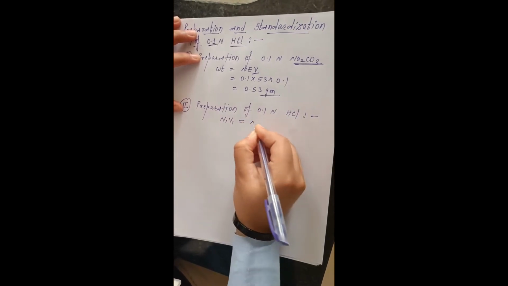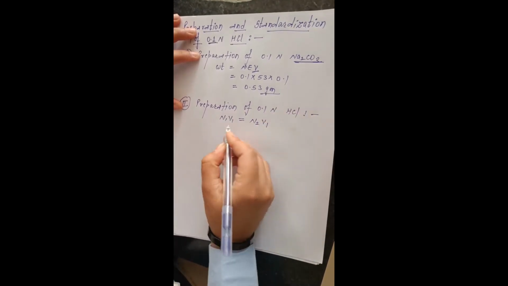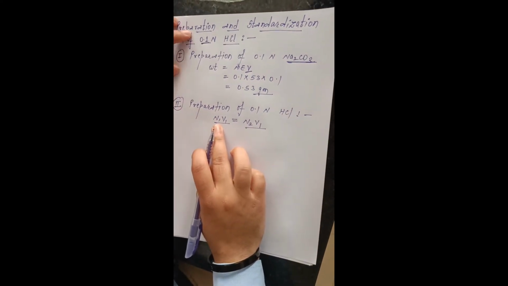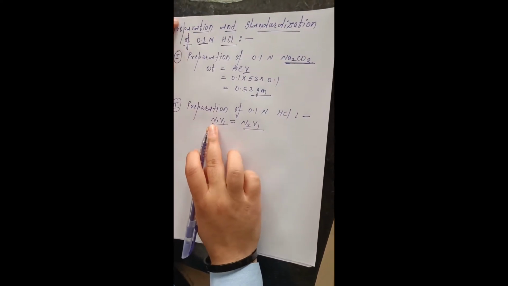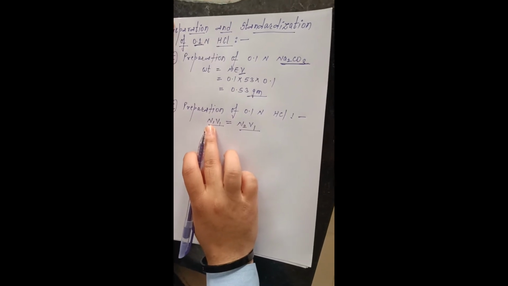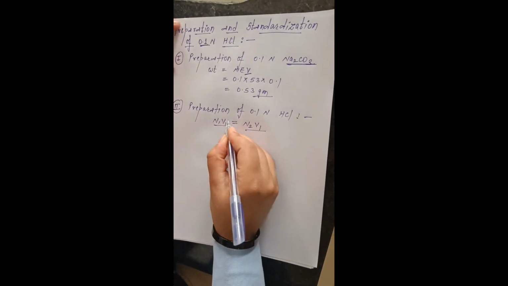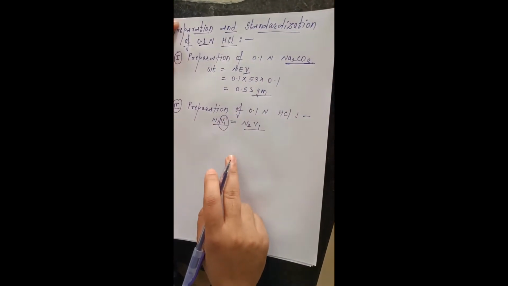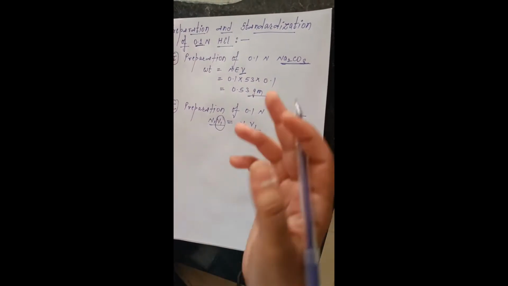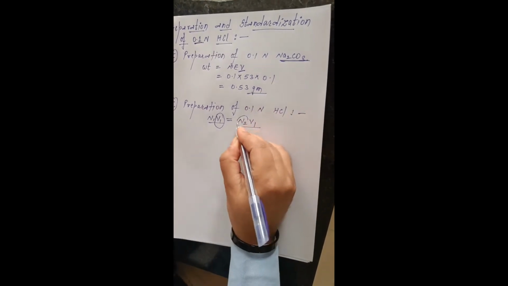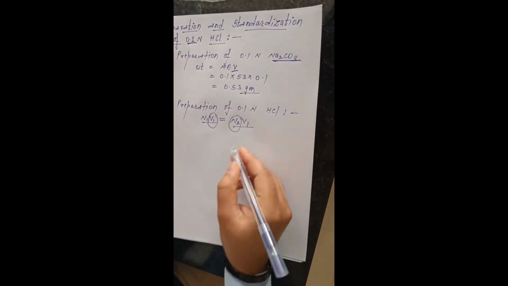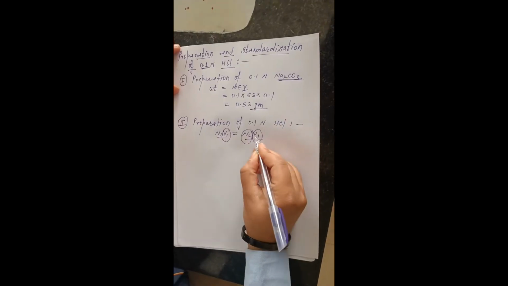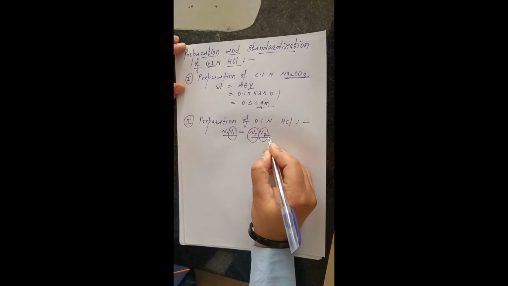N1 is the normality of laboratory supplied HCl. V1 is the volume of HCl we have to take for making this reagent. N2 is the normality we are assuming, and V2 is the volume.